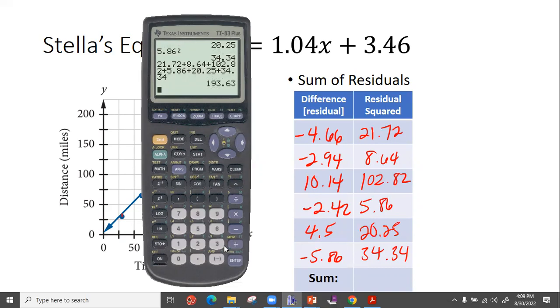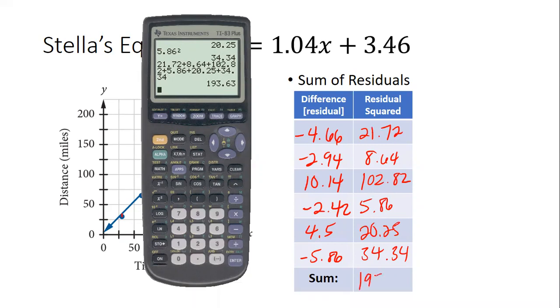Hit enter and I get 193.63. You may have inputted a decimal wrong, Dustin. Okay, so the sum of my residuals is 193.63.